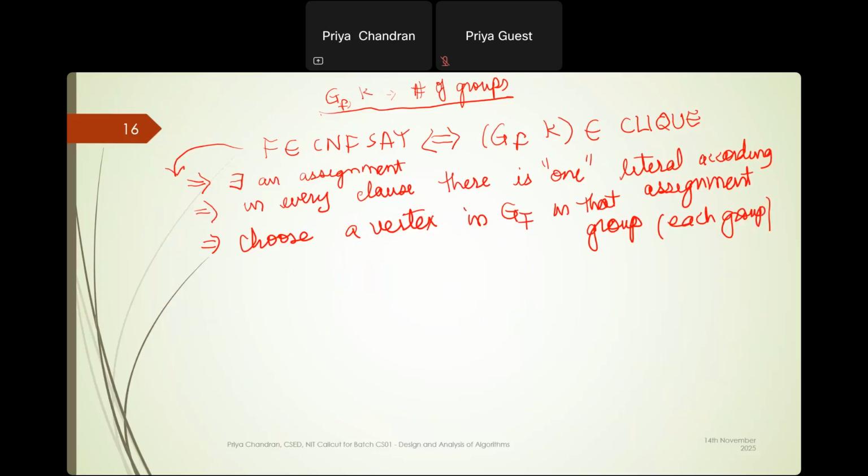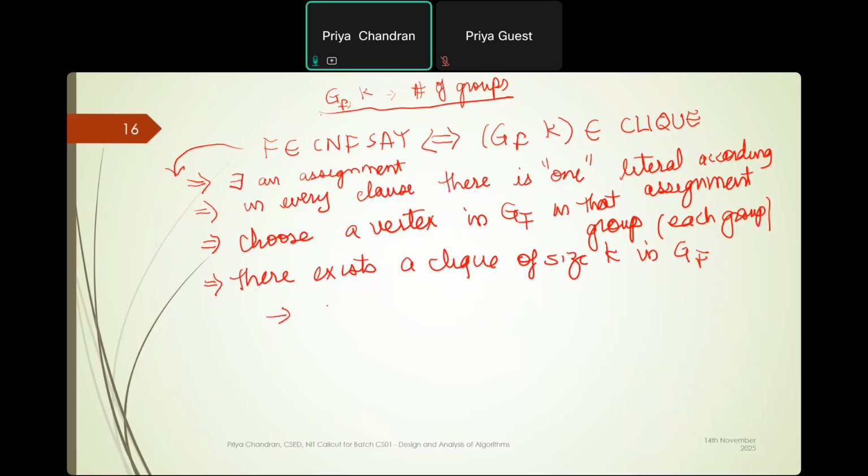Okay. So if we choose a vertex labeled with one literal in each group, then we claim that there exists a clique of size K in G_F, which is constructed in the following manner. The set of vertices chosen above form a clique.